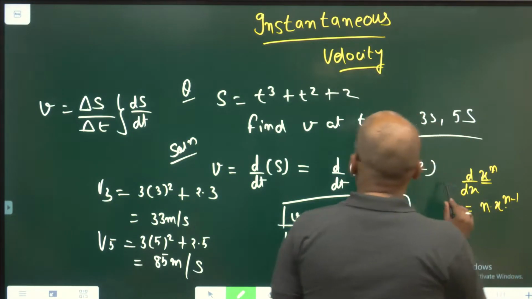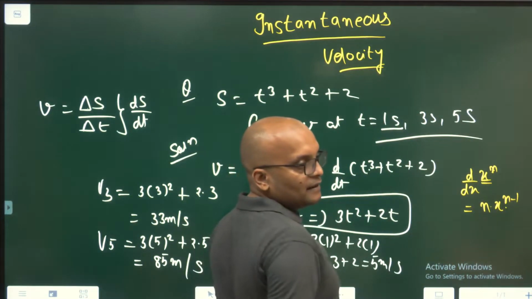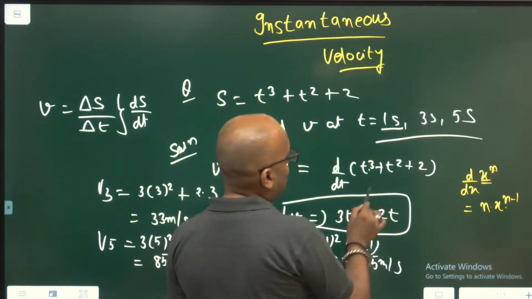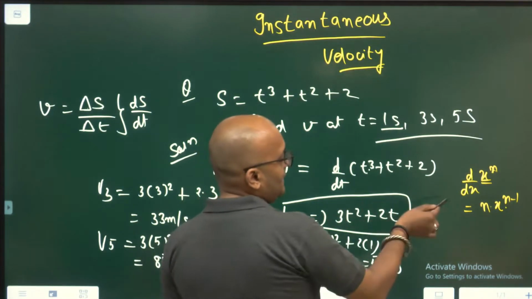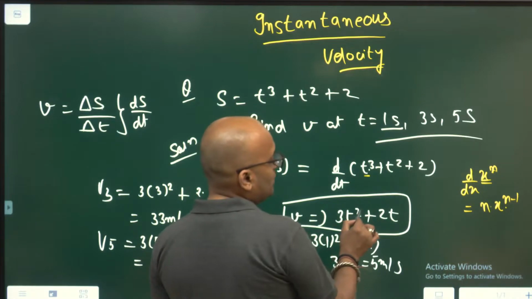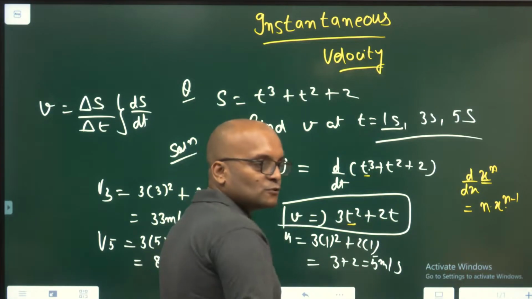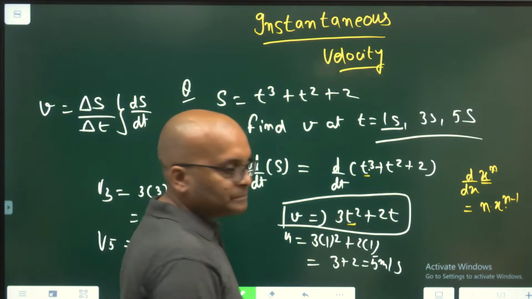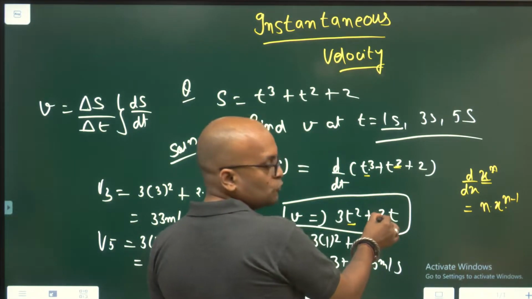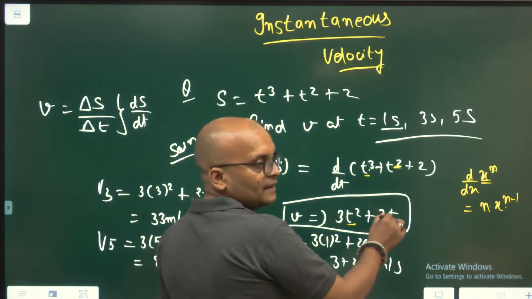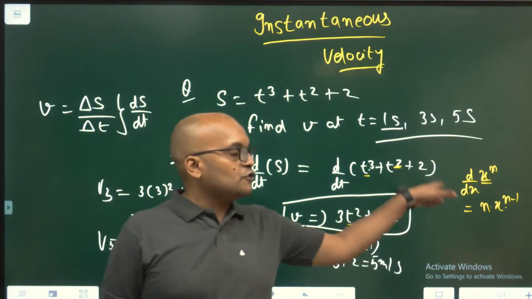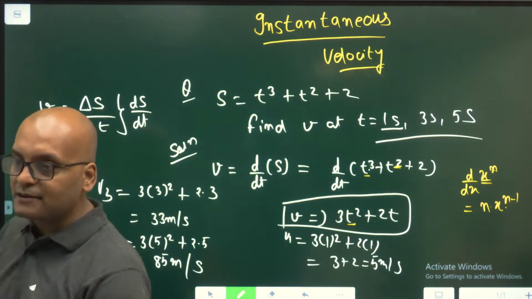Here, in place of x, we have got t, and in place of n, we have got 3. So first we write the power 3, then t to the power 3 minus 1, that is 2. So 3t square. Here also, in place of n, 2 is there, so 2 into t to the power 2 minus 1, 2t. And differentiation of a constant with respect to any variable is 0.